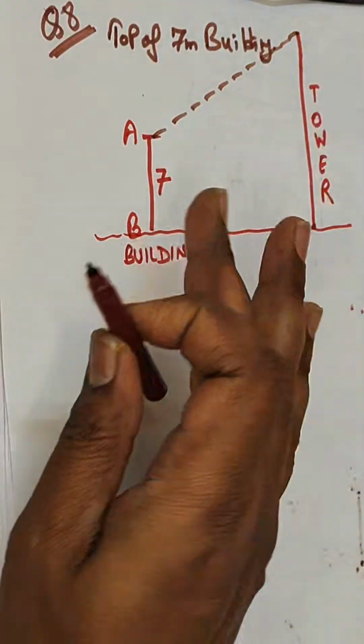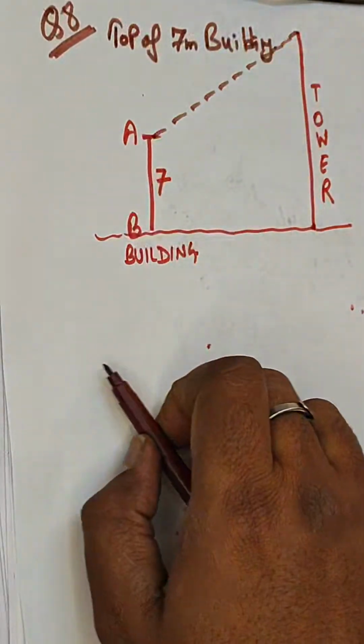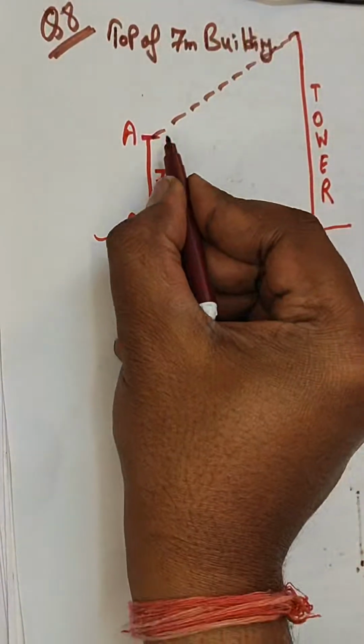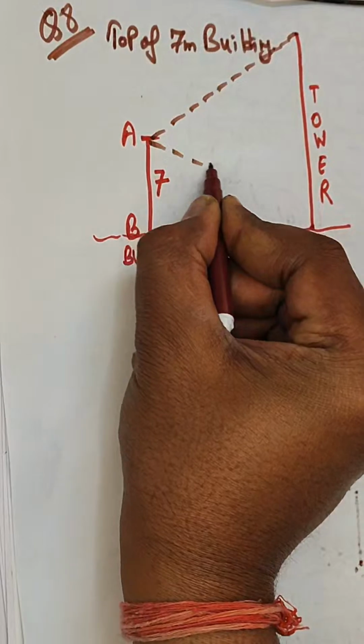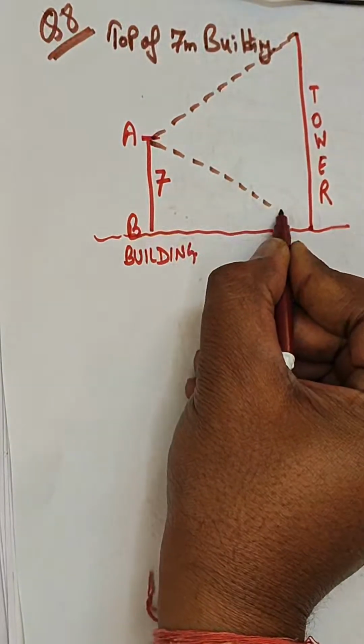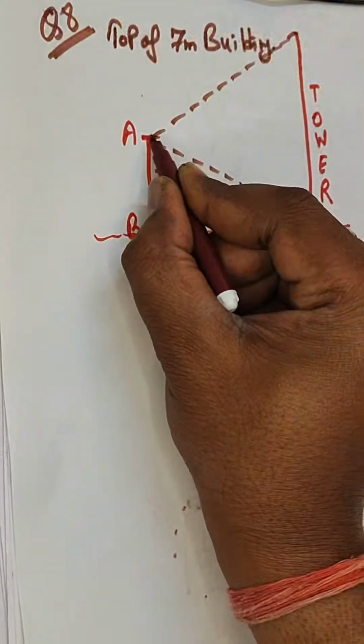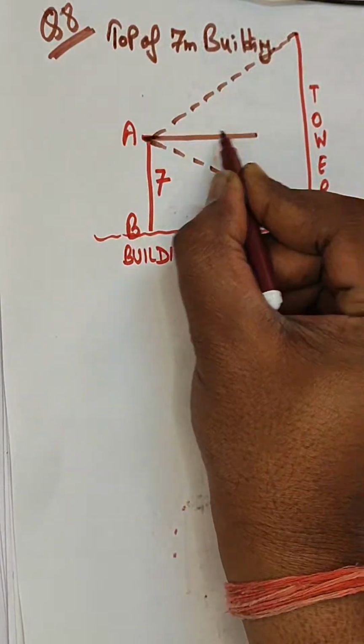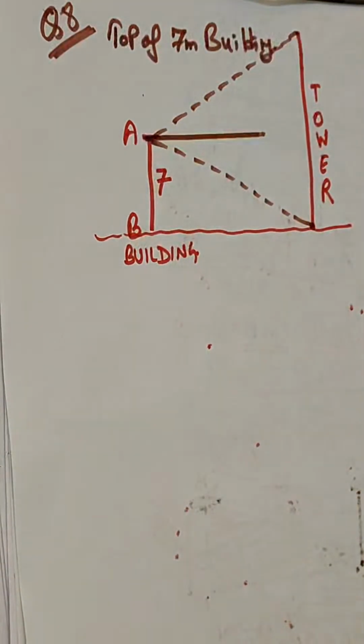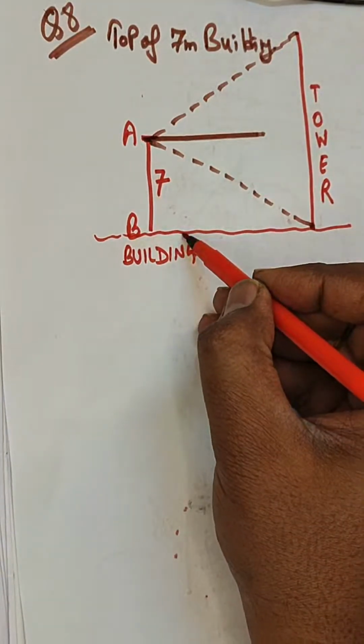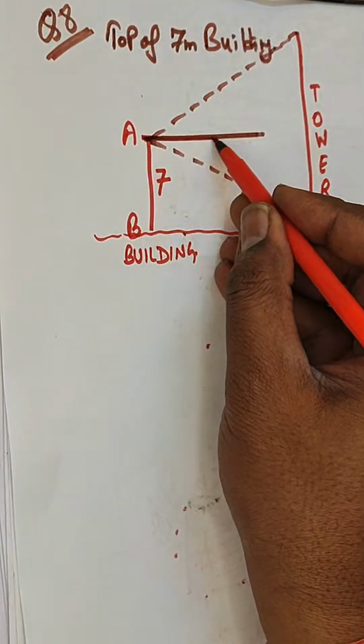It's given in the question the angle of elevation, that means when you are looking upward, and depression will be when you are looking downward, right? So what will be the angle of depression? The angle will always be formed with respect to the horizontal, so parallel to the horizontal will be this line.